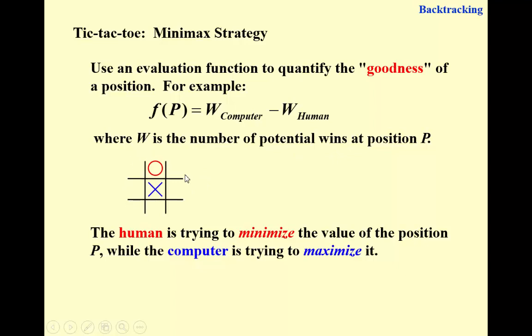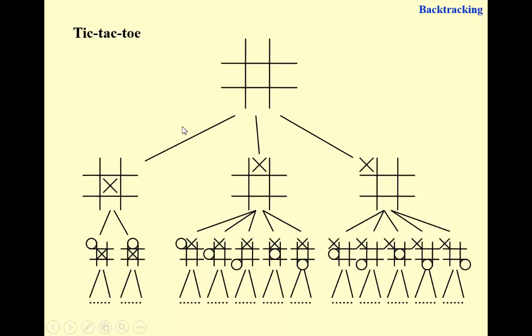So, for example, if we have the board like this, for the computer, we're going to have 1, 2, 3, 4, 5, 6 wins. And for the human, we only have 1, 2, 3, and 4. Only 4 wins. And therefore, the corresponding function value would be 6 minus 4. That gives 2.